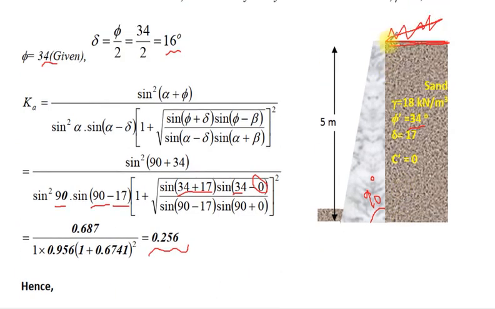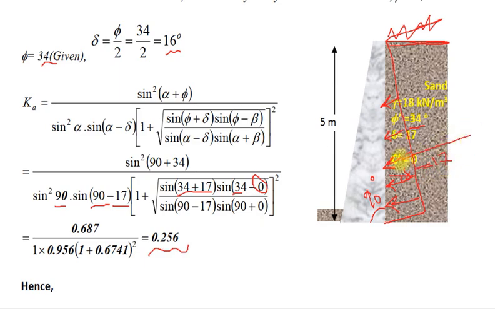Here the distribution of the active lateral pressure will be as shown. The lateral earth pressure is inclined at an angle delta equal to 17.